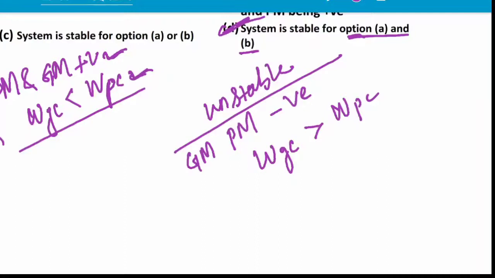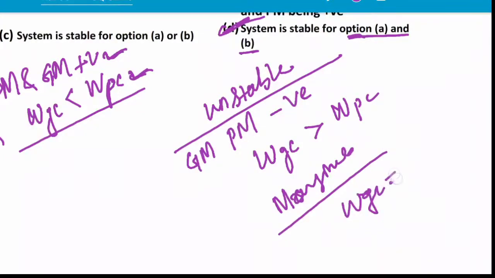And for marginally stable, omega GC will be equal to omega PC, and GM and PM will be 0.